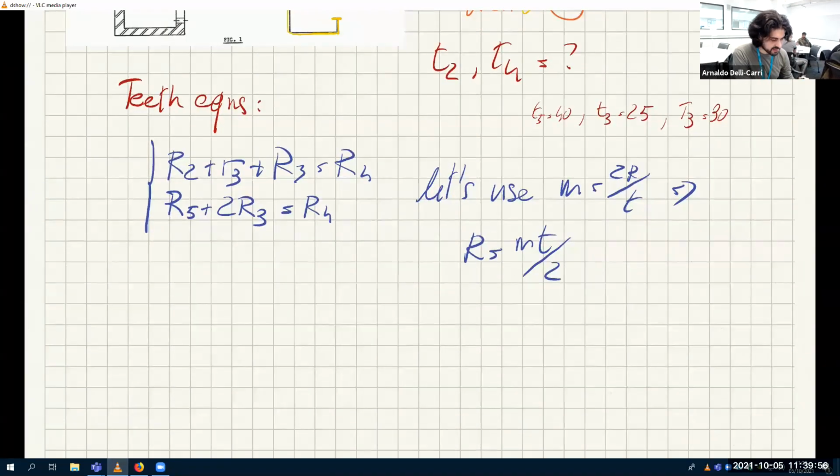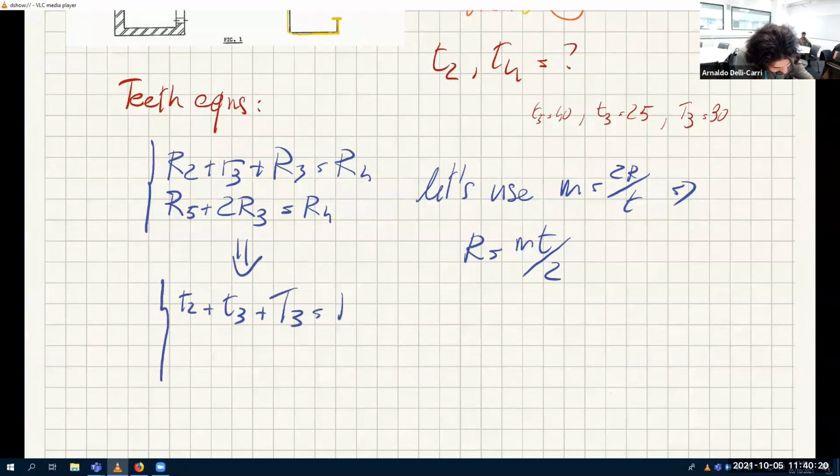And so I can say that mt2 divided by 2 plus m small t3 divided by 2 plus m capital T3 divided by 2 equals mt4 divided by 2. M divided by 2 goes away. And so I can turn this into T2 plus small t3 plus capital T3 equals T4, and T5 plus twice capital T3 equals T4.